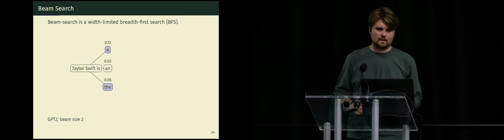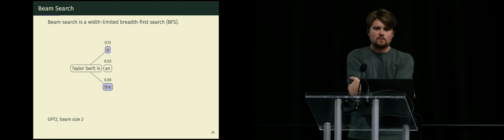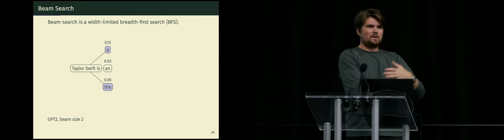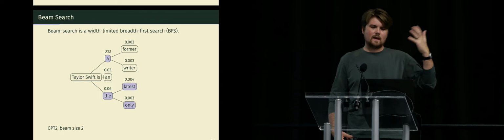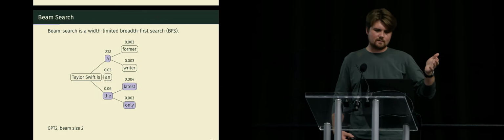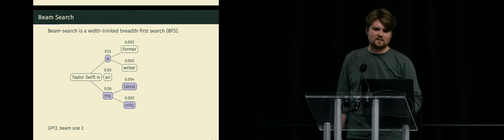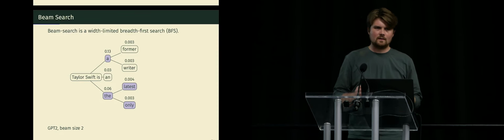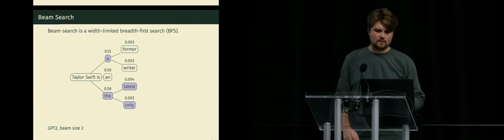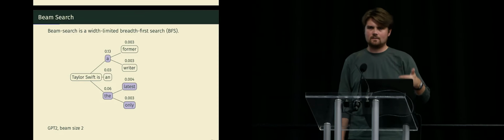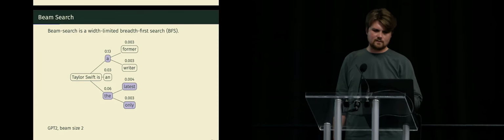So beam search is historically very popular. What you do is basically at every generation step, you choose the top k most likely tokens, and then you expand on these tokens, pruning your search tree. So here we have A and the as the most likely next tokens.